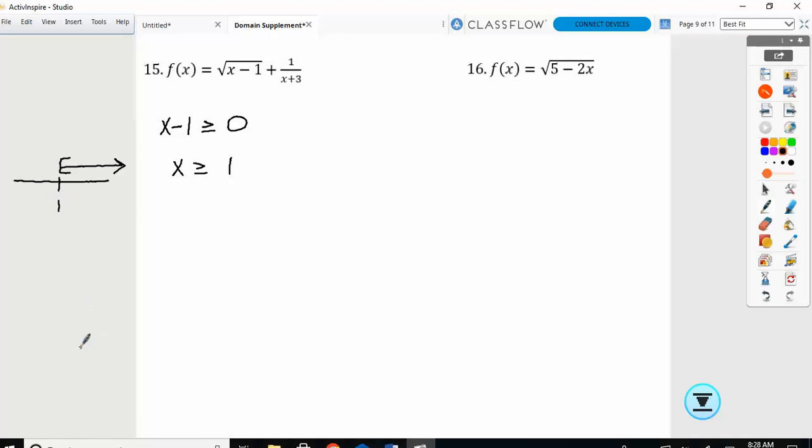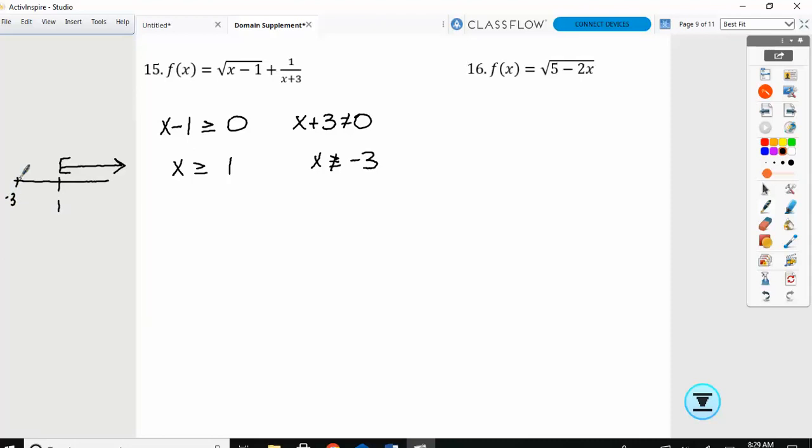Okay, so that's what this piece means. Second thing, I have a fraction, so what do we know? Can't be 0. X plus 3 can't be 0, so x cannot equal -3.